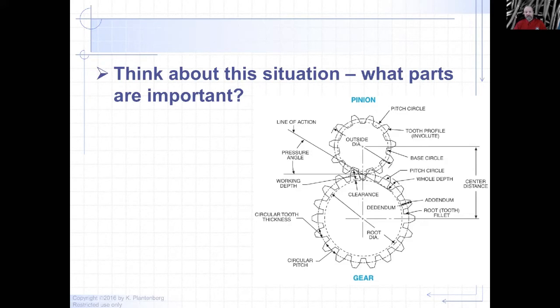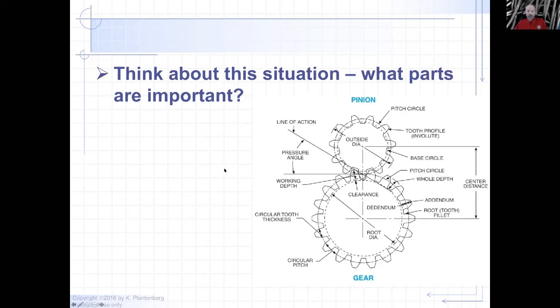And then the base circle, the pitch circle, the hole depth, the addendum, the root, all of these things are specified. Okay, so making gears is something that's a really high level science. It's not even an art. It's very precise. So that's one of the hardest things to manufacture with high precision.